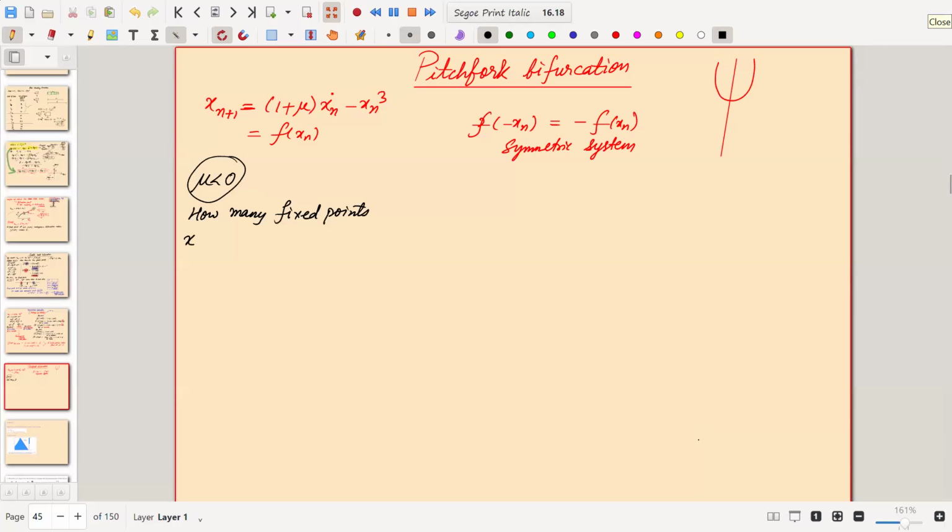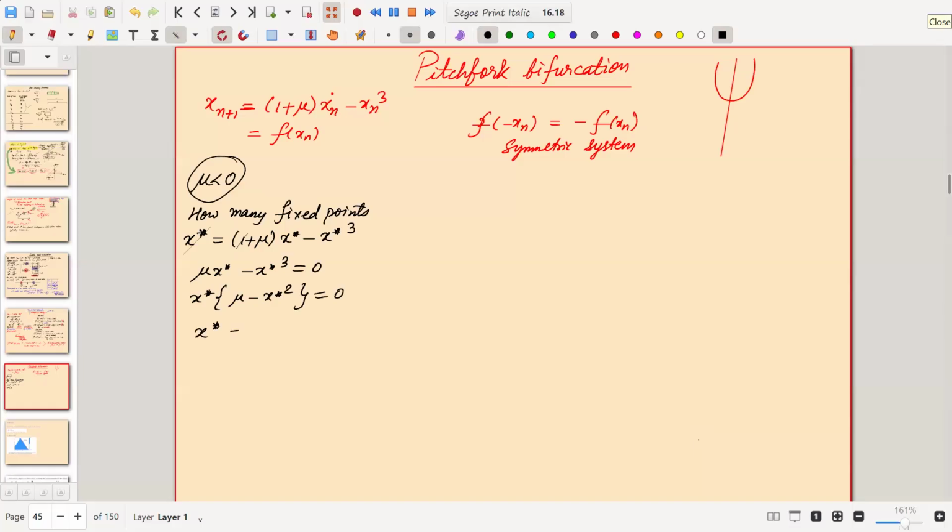So x star satisfies x star equals 1 plus mu times x star minus x star cube, right? Agree. So you can see x star cancels with this 1 times x star and you are remaining with mu x star minus x star cube equal to 0. So x star times mu minus x star square equals 0, right?